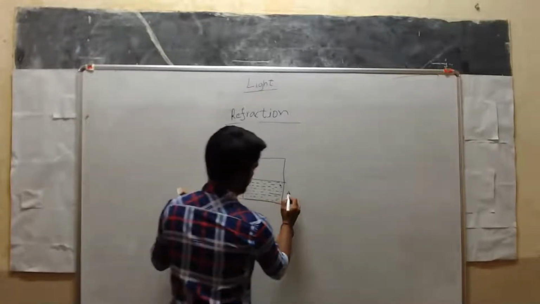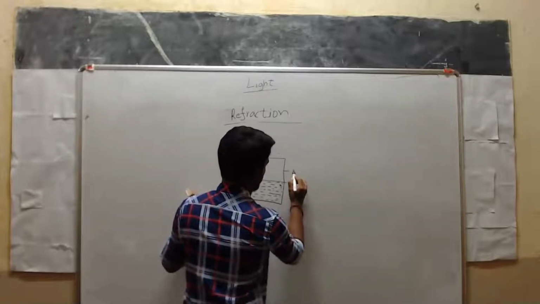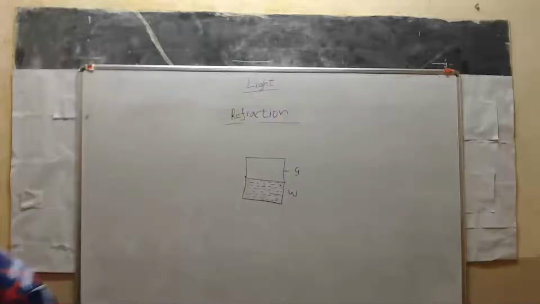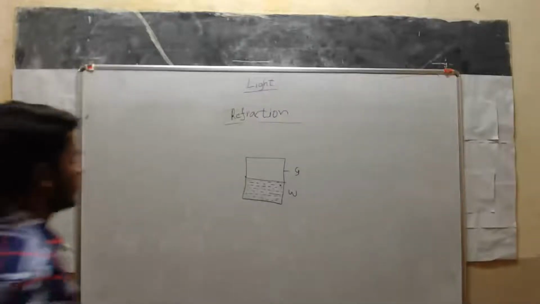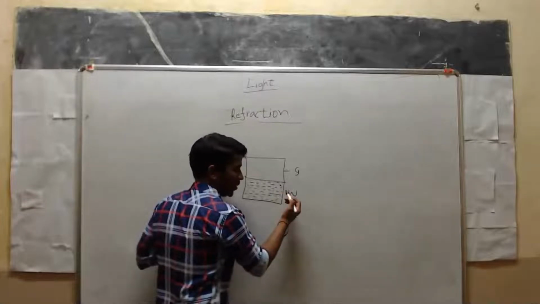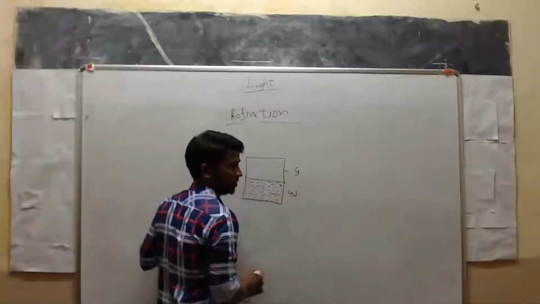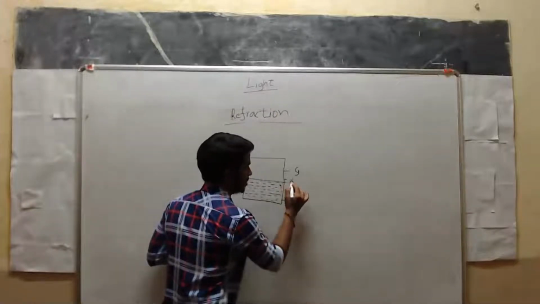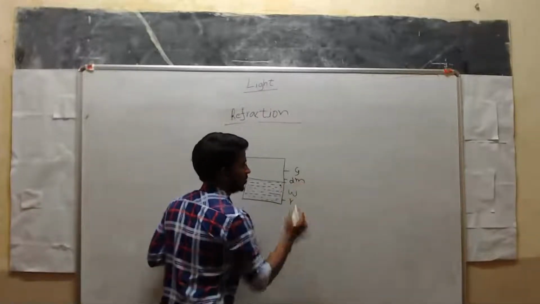This is water and this is glass. Out of these two, which one is rarer and which one is denser? In the water medium, the speed of light is more than the speed of light in the glass medium. So clearly we can say that the water medium is a rarer medium and the glass medium is a denser medium.